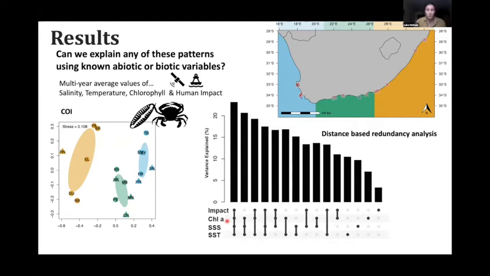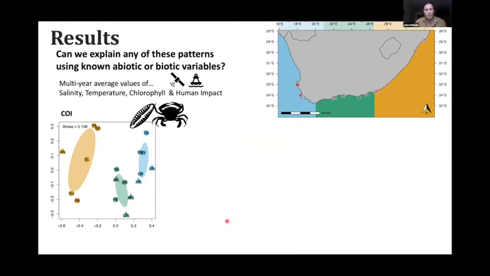But of course, there's some autocorrelation between your sites. Sites that are close together will naturally have a bit more similarity than you'd expect by chance. So I wanted to see if I could cancel out the effect of geography, or geographic distance, on this coastline.